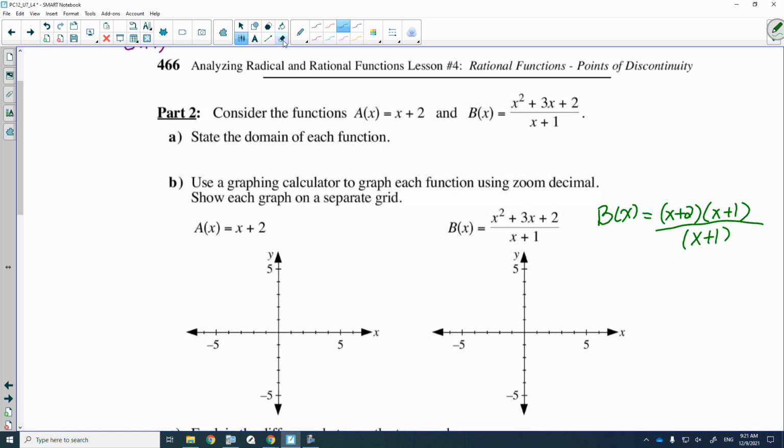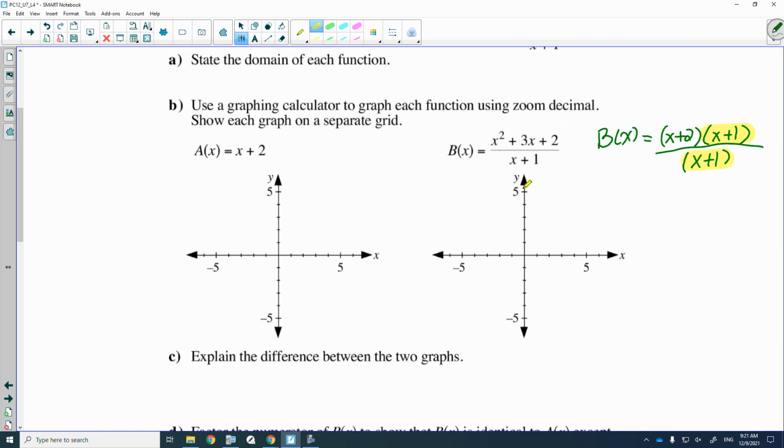So what happens here is I'm going to use my highlighter, and whenever I see a common factor, I highlight it. This graph has a common factor. Therefore, this graph is not going to have a VA at x is equal to -1.